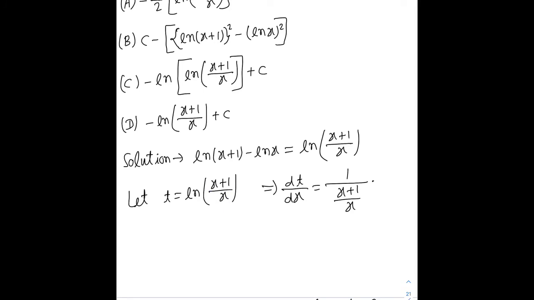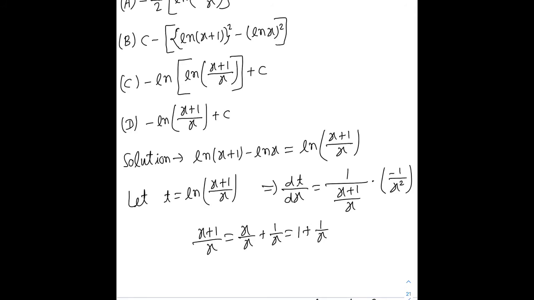Before differentiating, you can write x plus 1 by x as x by x plus 1 by x. So x by x is nothing but 1, then 1 by x. Now differentiation of 1 would be 0, and differentiation of 1 by x will be minus 1 by x square.